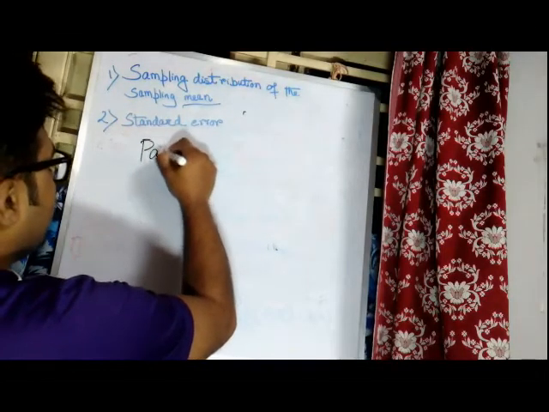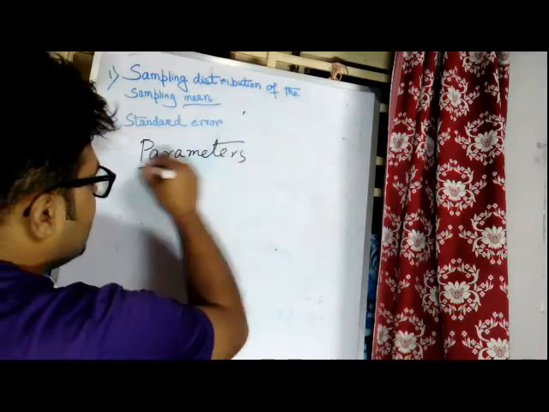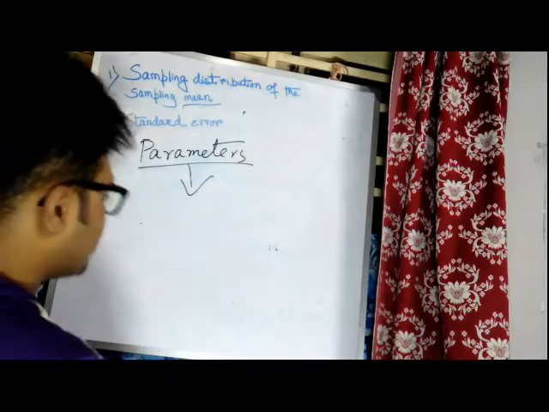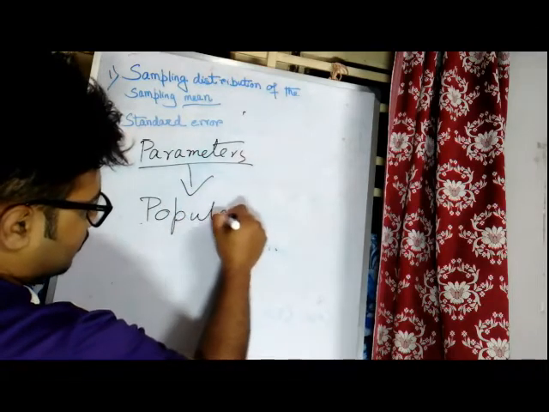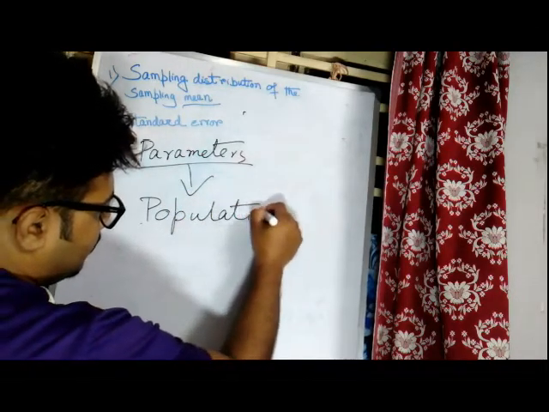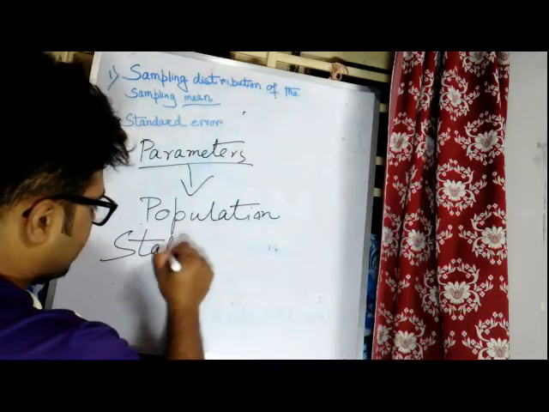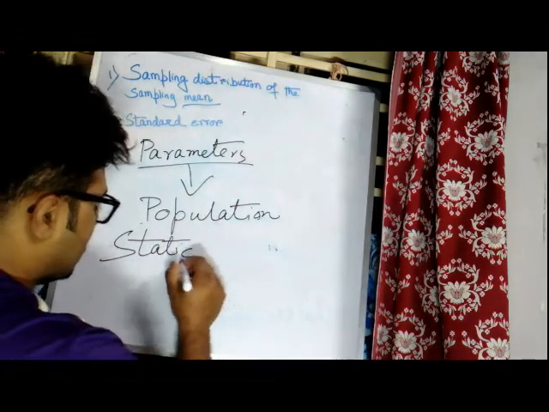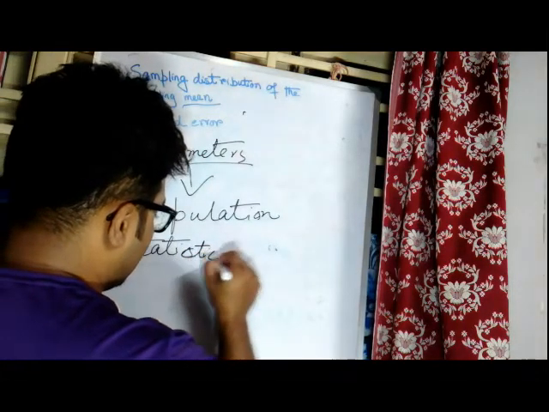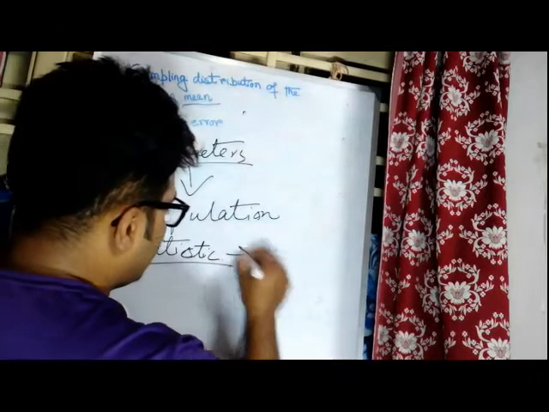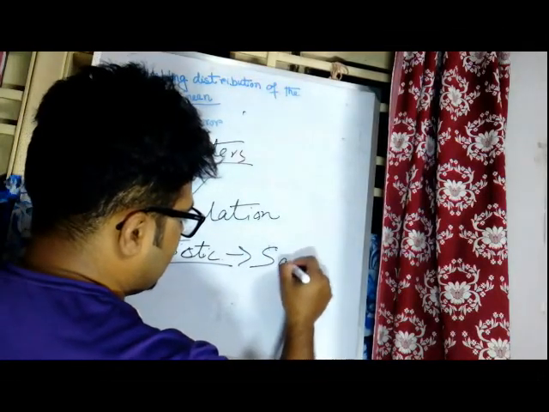Parameters are related to the population. And statistic is related to the sample.